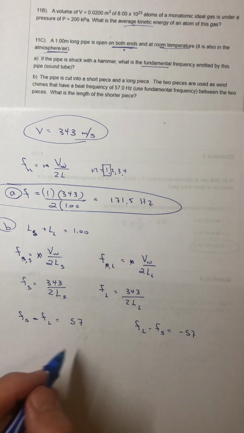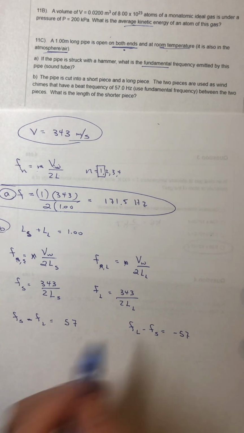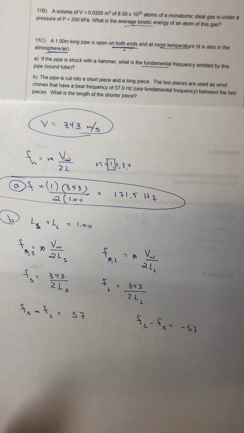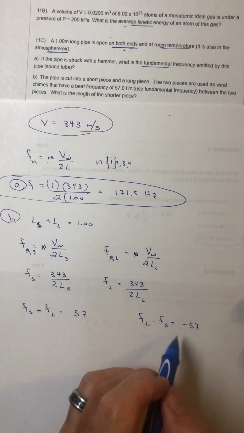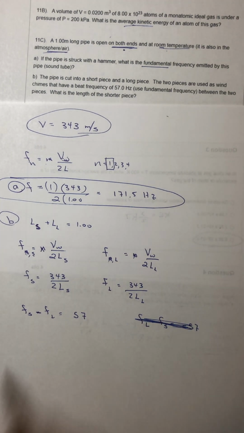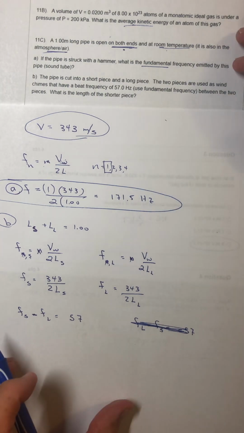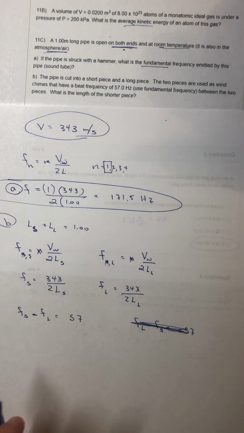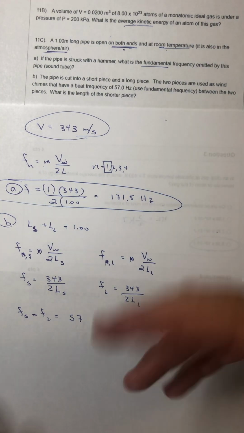And I suppose we could even just ignore that and do absolute values, but then the short piece is just going to be the long piece. And like any absolute value, there'll be two answers, and the long piece will become the short piece.